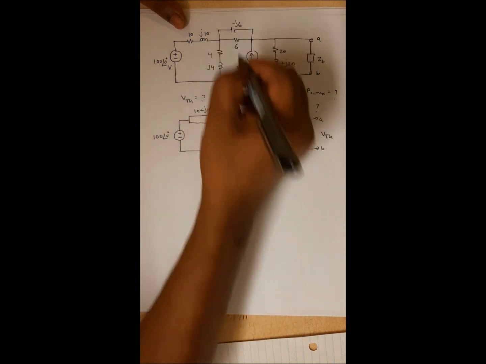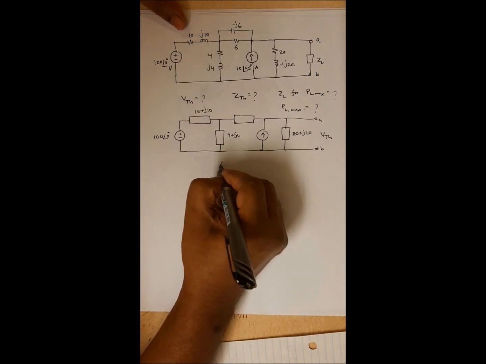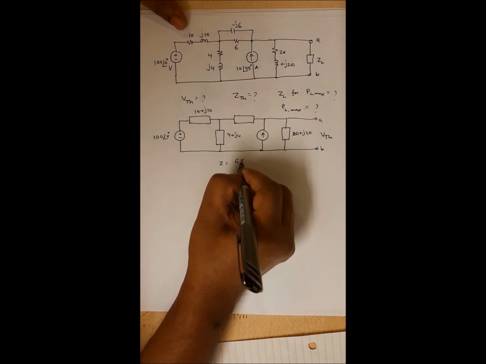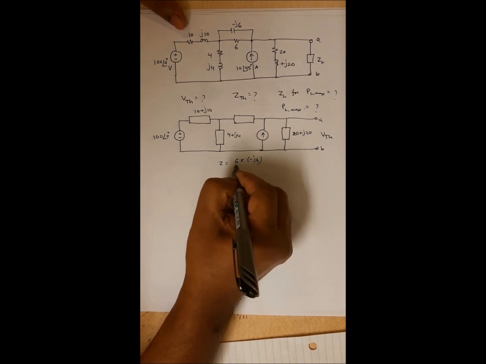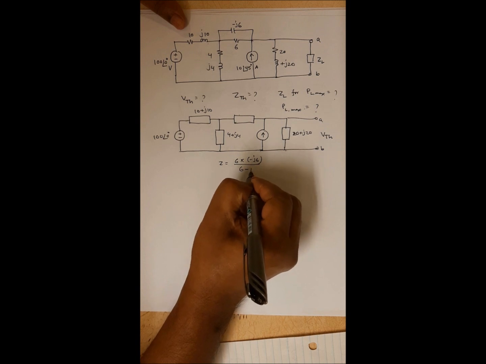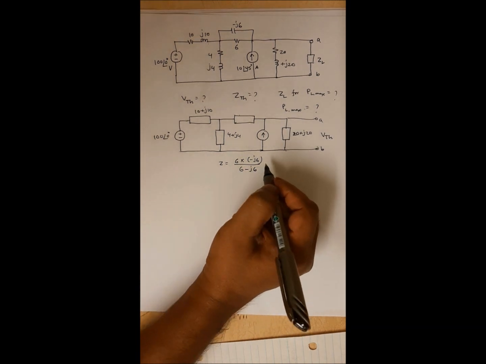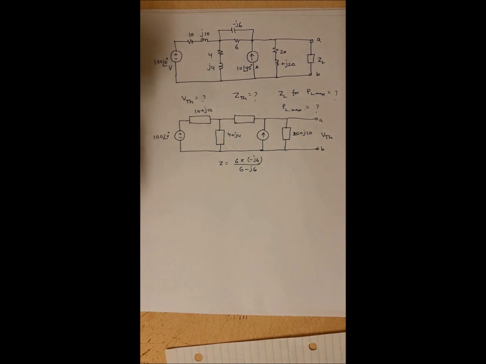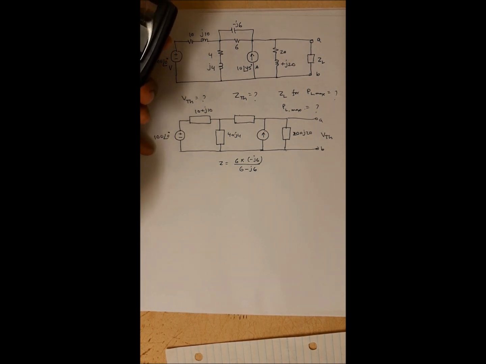So here the 6 and minus J6 are in parallel, so the impedance will be 6 times negative J6 over 6 plus minus J6. So if I find it, it will be 6 times negative J6 divided by 6 minus J6.